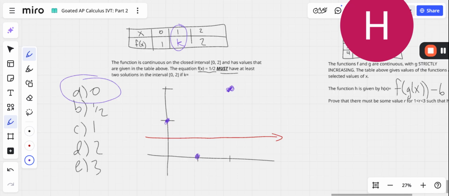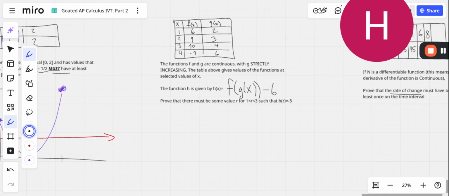And we don't know where it would happen. We don't know if it would be right at the end, or right at the beginning. We don't know if it would cross more than once. It could cross 3, 4 times. But we're guaranteed it will have at least 2 solutions if we make it cross once, and then make it cross back. Pretty simple.